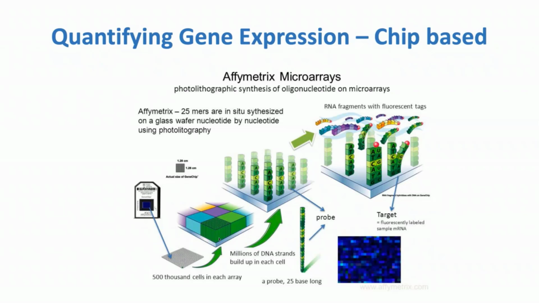Because they're labeled with fluorescent tags, you can excite them with a laser and read out the positions that glow on the array. That will tell you which probes identified fragments from the sample that you had.